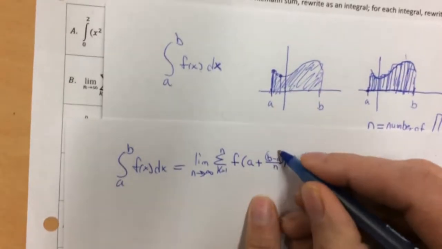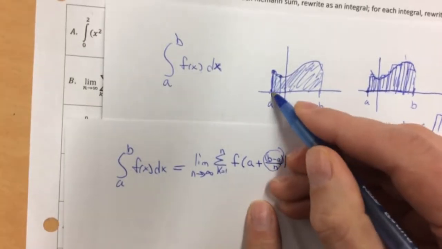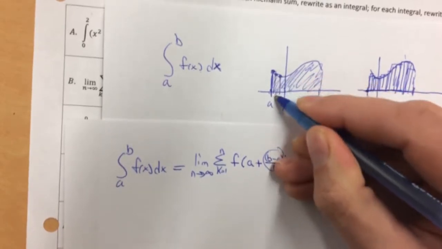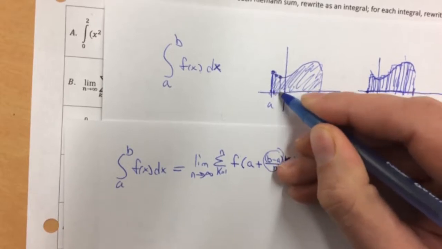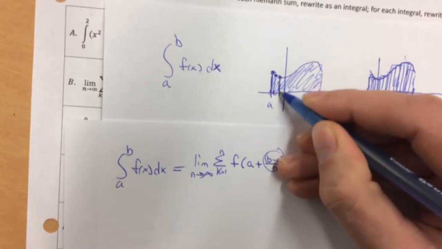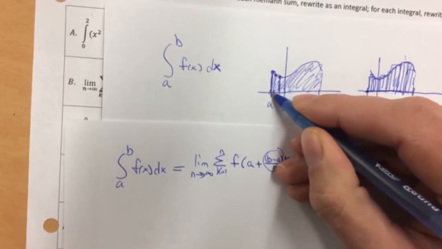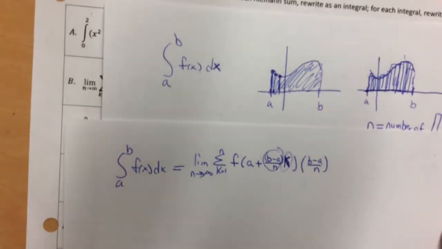What that is going to be is the width of each rectangle times what rectangle you are on. If you're on the first rectangle, you only need to move over once to get to this x value, a plus b minus a over n. If we go over to the next rectangle, it'll be a plus b minus a over n, which is the width of a rectangle, times 2. And so we end up with this.